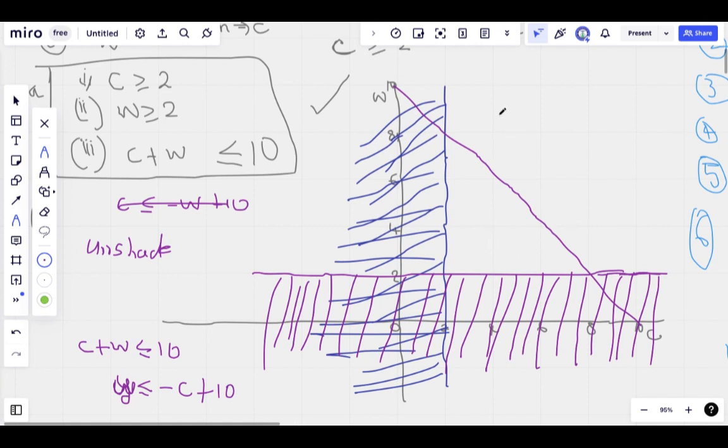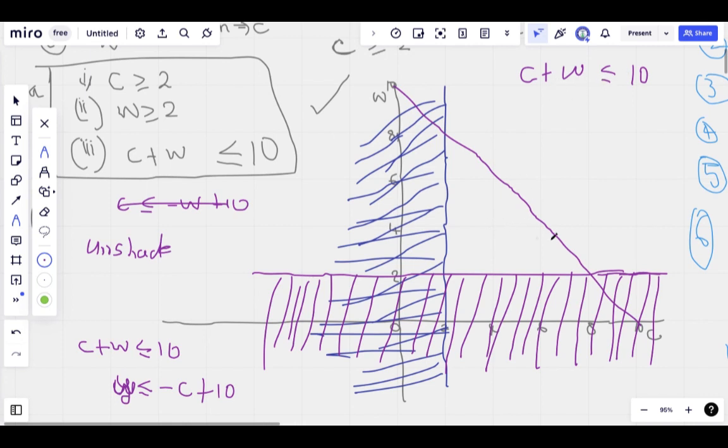So for this sloping line, you have to find out which part is the correct part by choosing any point on either side of the line to see which one will satisfy C plus W lesser than or equal to 10. Any part of this region that will fulfill this inequality.